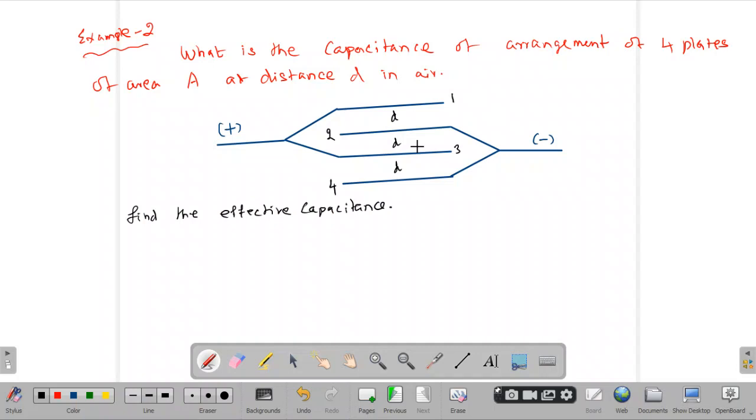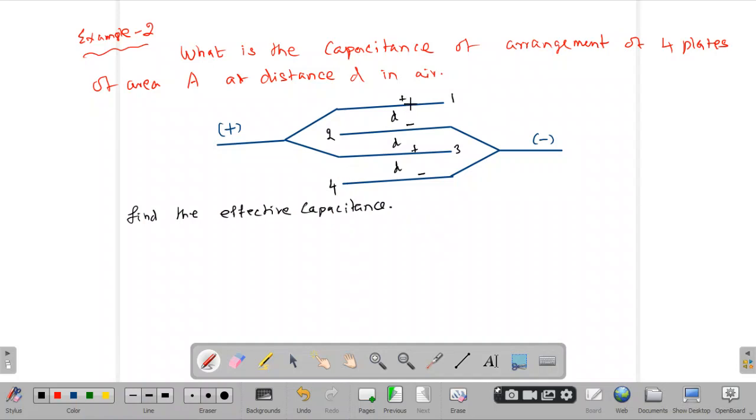Four plates. If we look at the polarity, plate 1 is positive, plate 2 negative, plate 3 positive, and plate 4 negative. Okay.